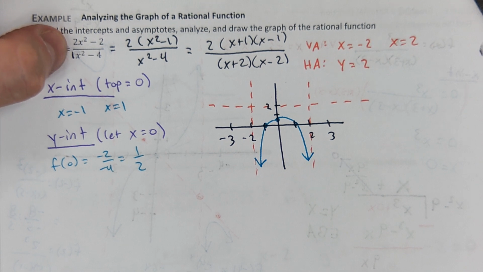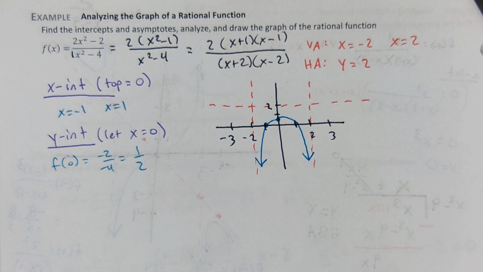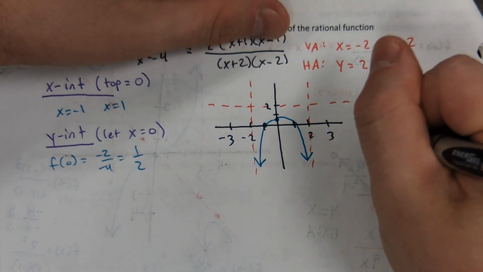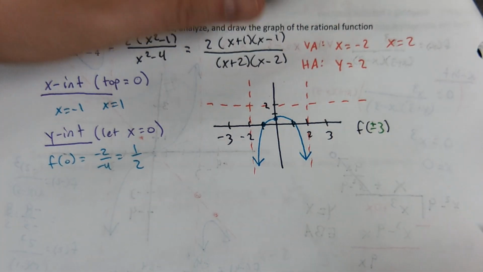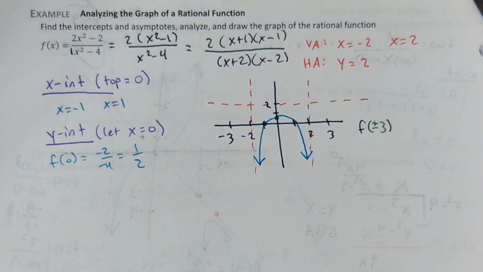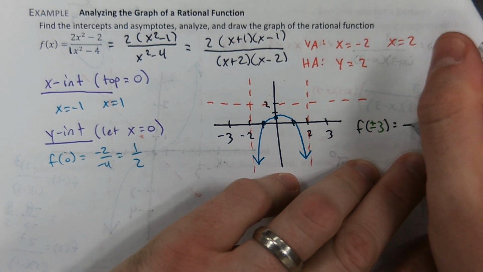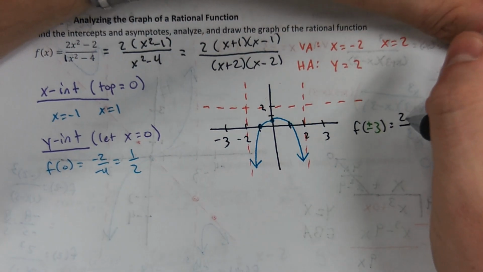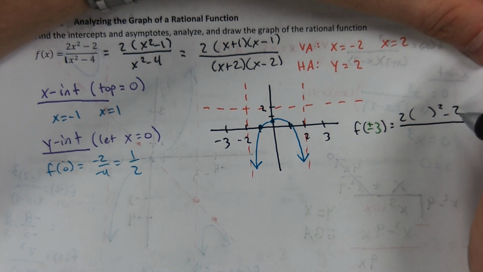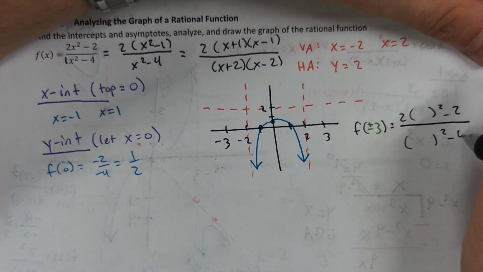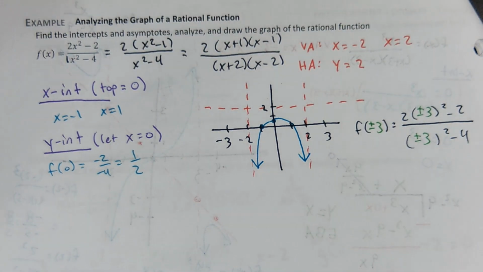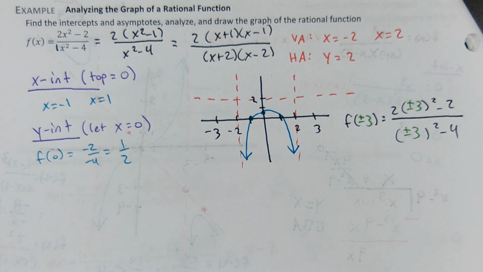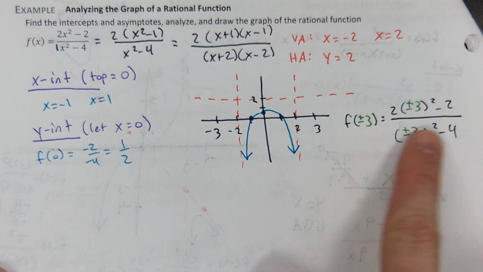So to really drive home this point, I'm going to plug in 3 and negative 3 at the exact same time, because it won't matter. So yeah, square that positive 3, square that negative 3, it doesn't matter. You're going to get 9 for both of them.